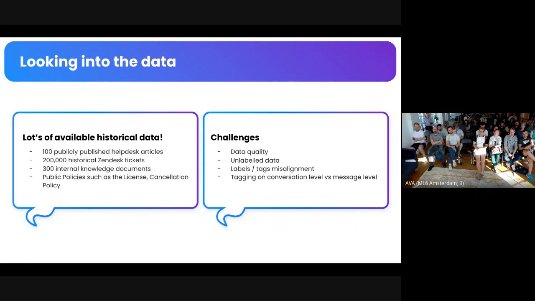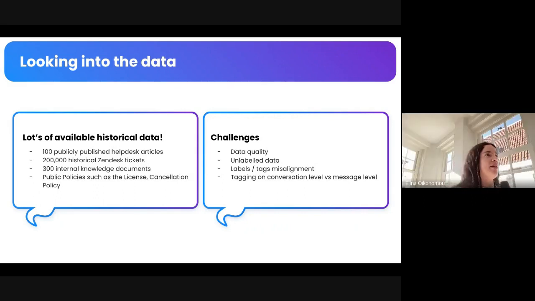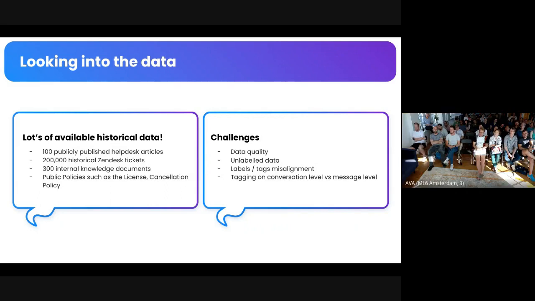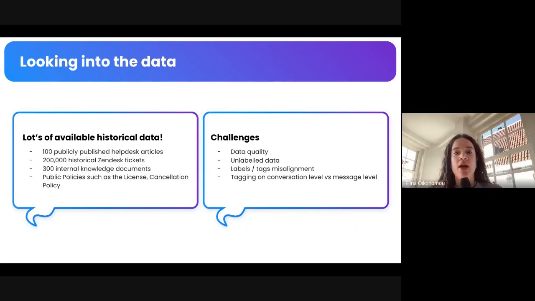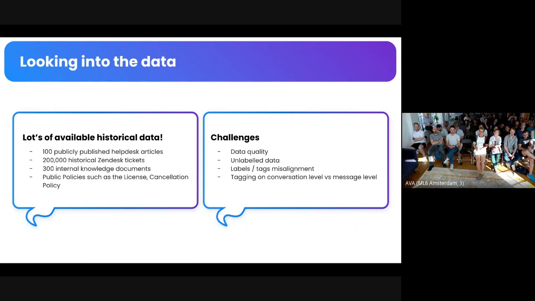Most of the data were unlabeled, and even when we could find some tags on topics or intents, there was a very big misalignment in the way that the agents were tagging the different requests. And then, of course, the labels that we had were more on conversation level, but we wanted to go deep into message level. That was a very big challenge.